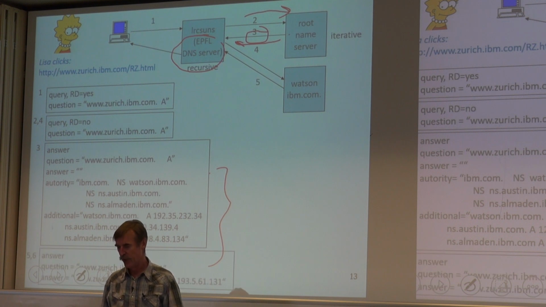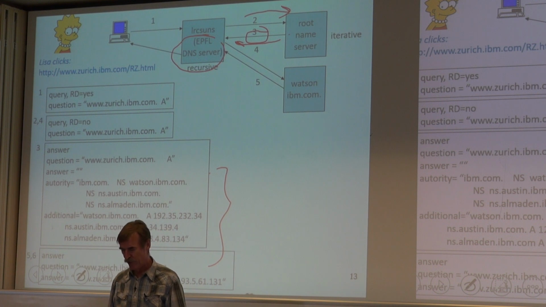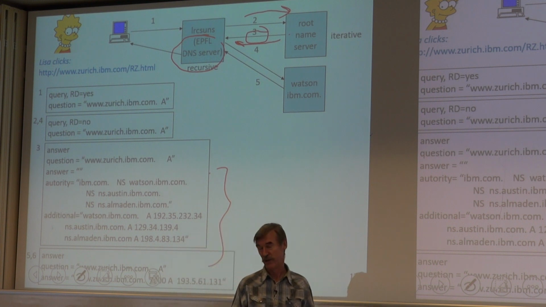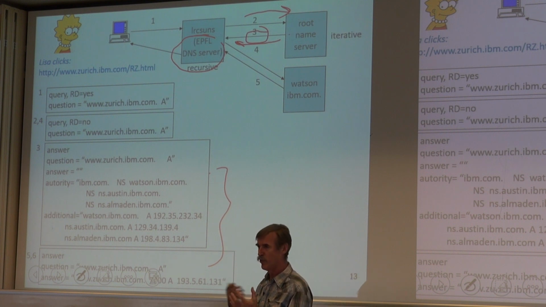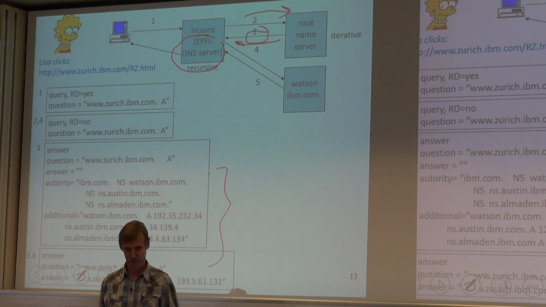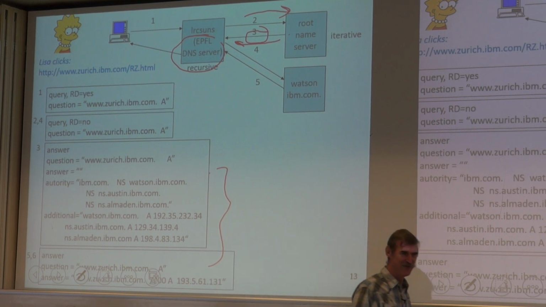And then hopefully the IBM.com server, which in that case is Watson, will know the answer and will give the response back to Lisa, who can now click. Who has clicked already, but during all that time nothing has happened. So you see that the web page is loading, but nothing is happening. This thing is being resolved. Voila. The suspense goes on. We will see how things continue next week.